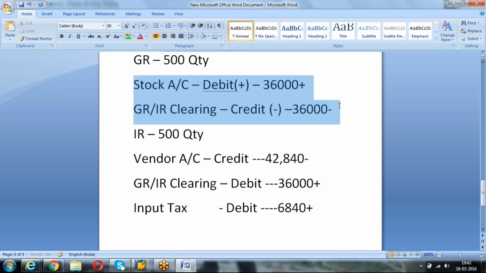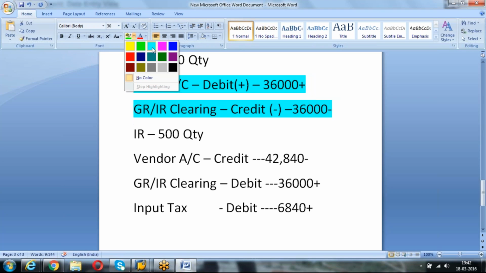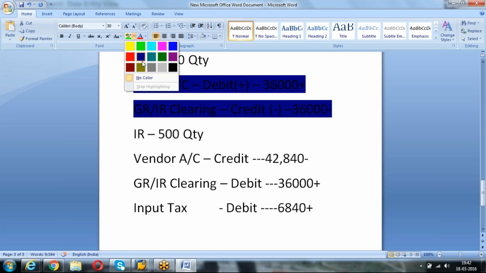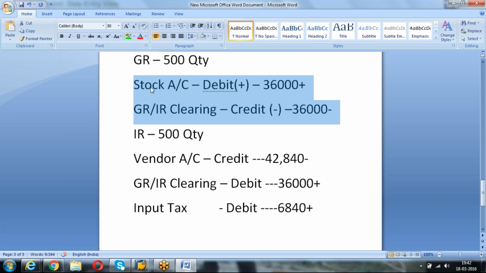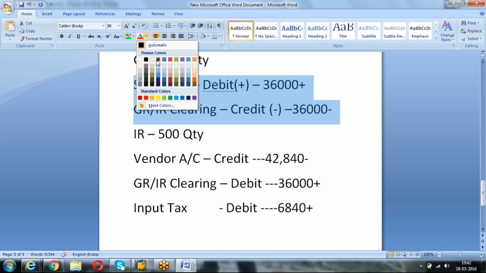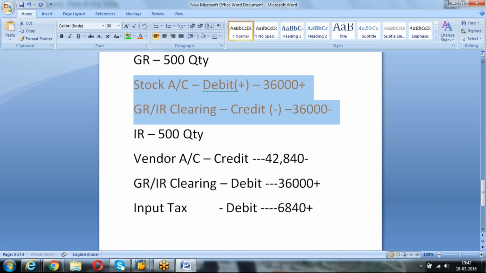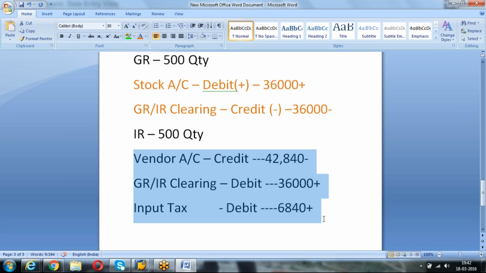Okay, means 10 different colors. GRIR, invoice receipt.